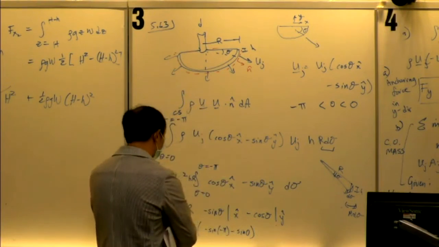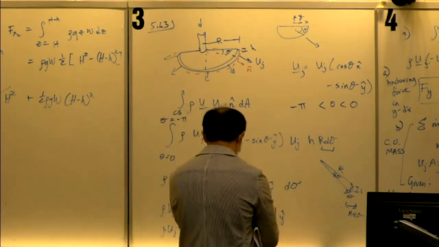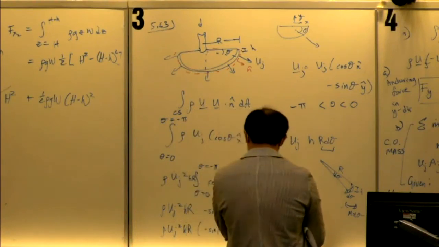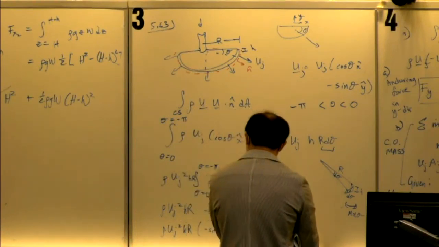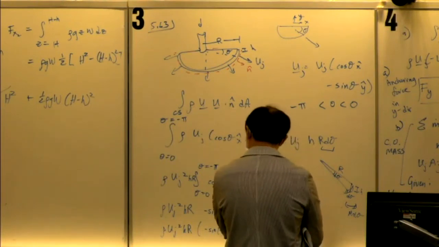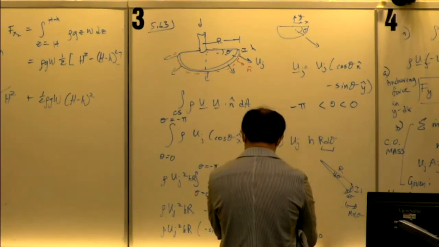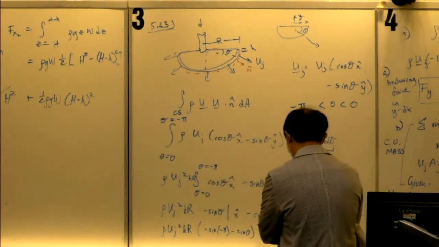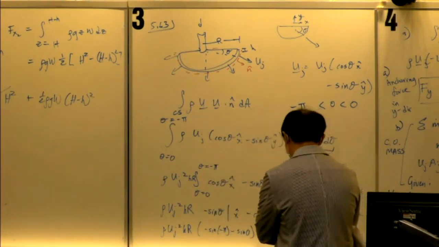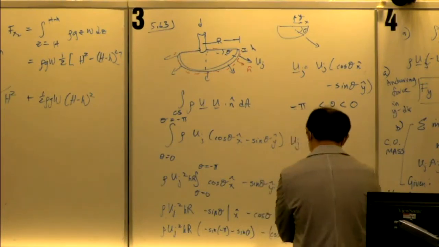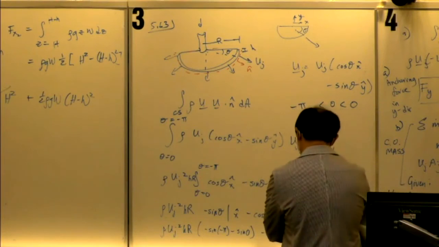Yeah, sine of pi is the same as sine of 0, so that's good. Minus cosine of negative pi minus cosine of 0. Cosine of negative pi, that's negative 1, right? And cosine of 0 is 1. So negative 1 minus 1 is equal to negative 2. And then negative 2 times 2.